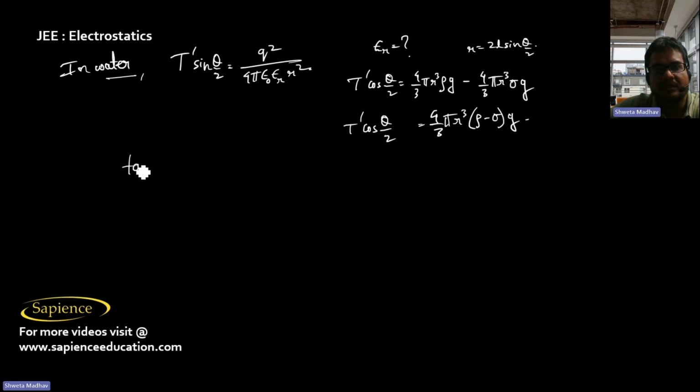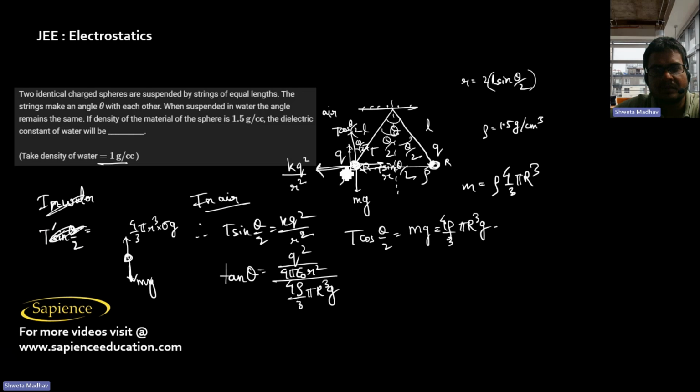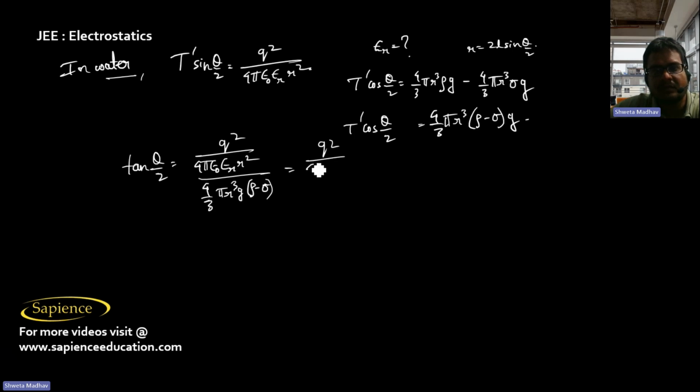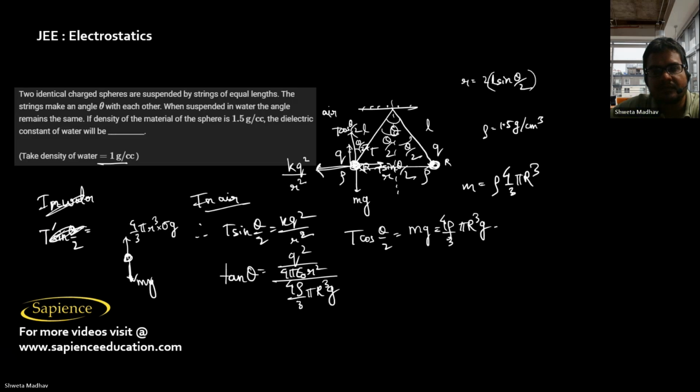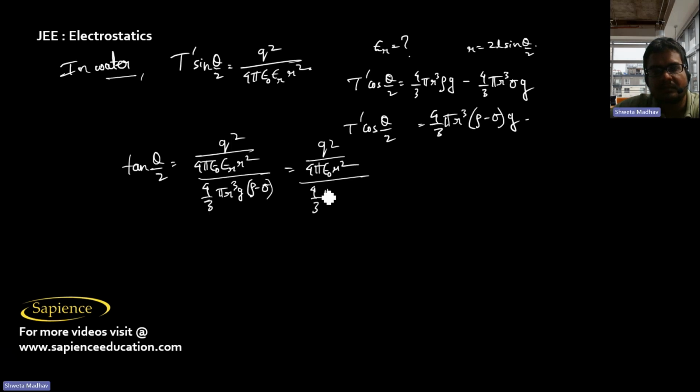So here also tan theta by 2 comes as this by this, that is equal to Q square by 4 pi epsilon naught epsilon r into r square divided by 4 by 3 pi R cube into rho minus sigma into g. And that is also the same as Q square by 4 pi epsilon naught r square divided by 4 by 3 pi R cube rho into g.